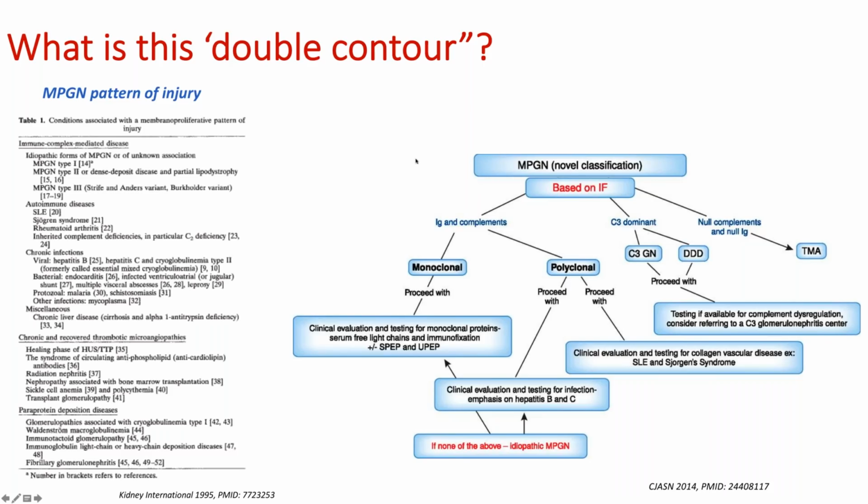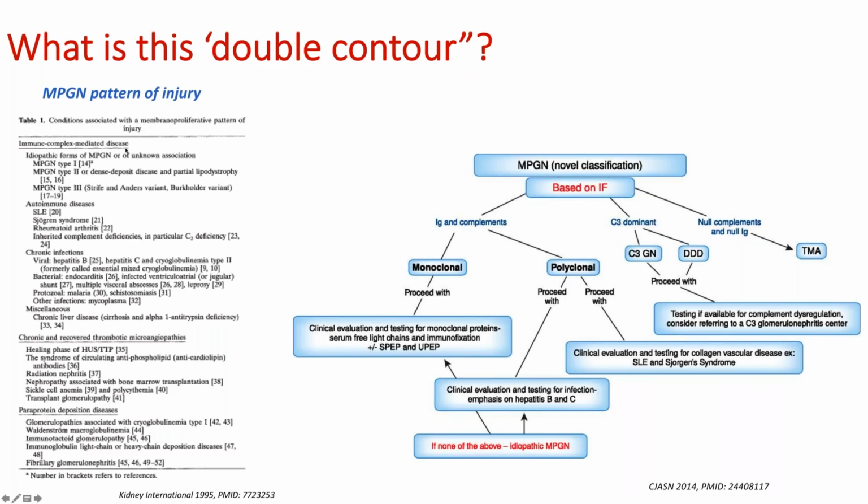Now, when we read about native kidney diseases, we are very familiar with the MPGN pattern of injury, which is basically the double contour that we see in the native kidneys. There was an old nephrology forum in 1995, which beautifully describes the different causes of the MPGN pattern.